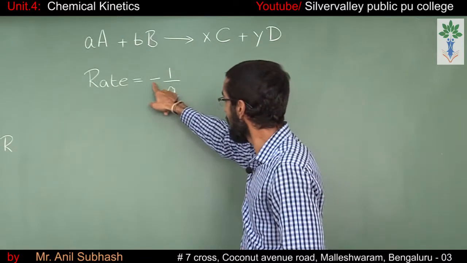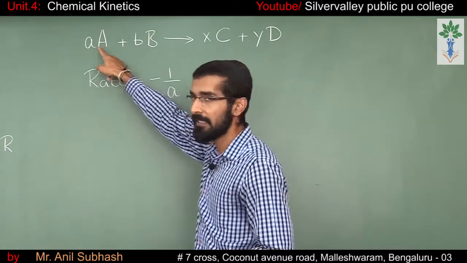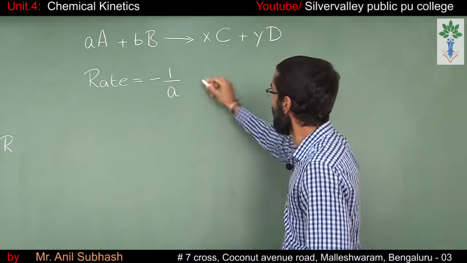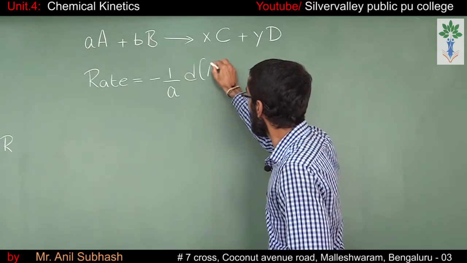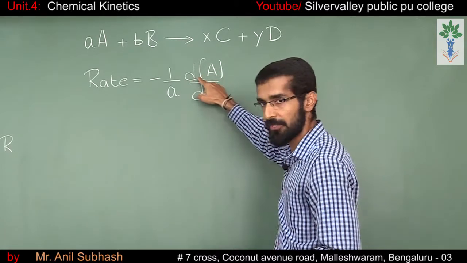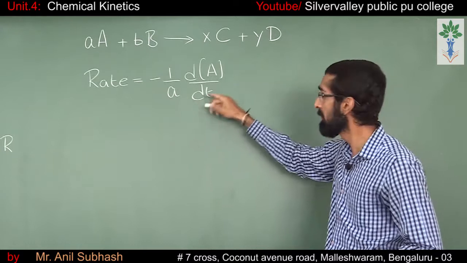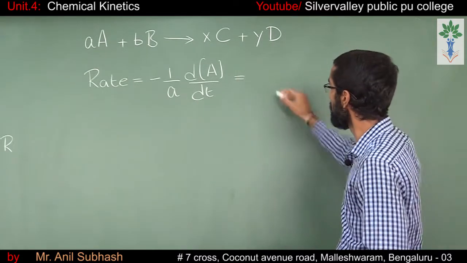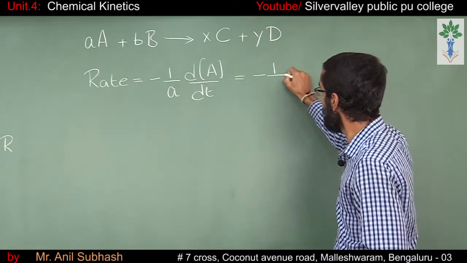Rate is written as minus 1 by a, and the negative sign signifies that A is the reactant, d[A] by dt, that is the disappearance of A in a small interval of time, which will be equal to minus 1 by b.